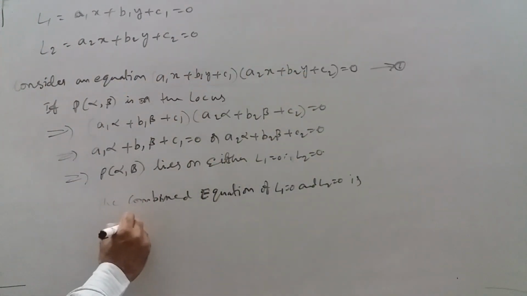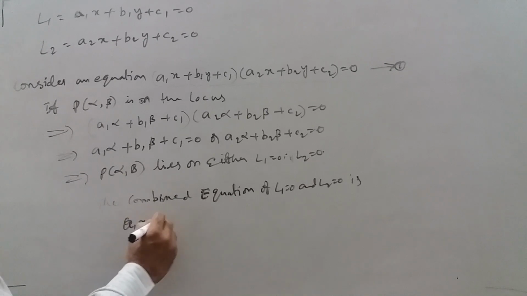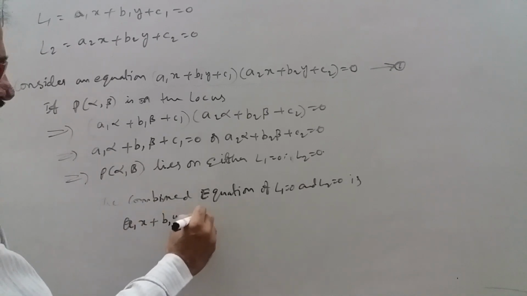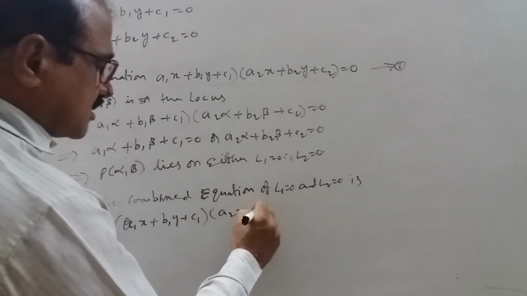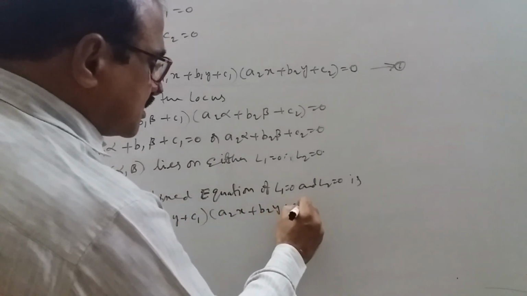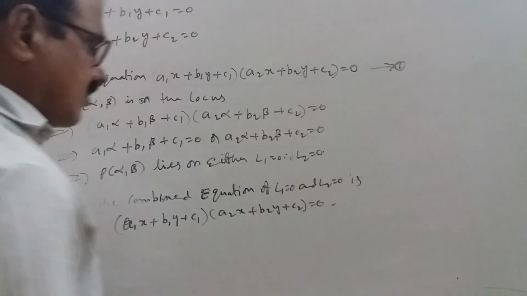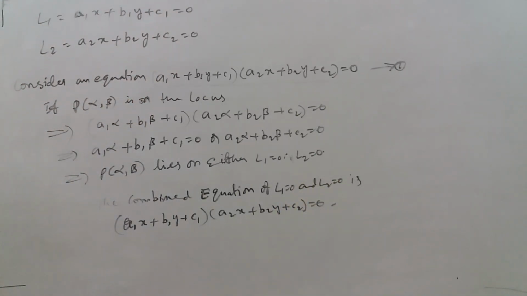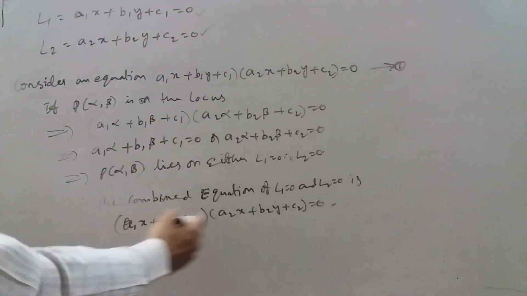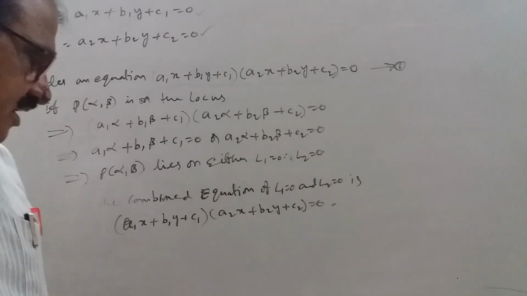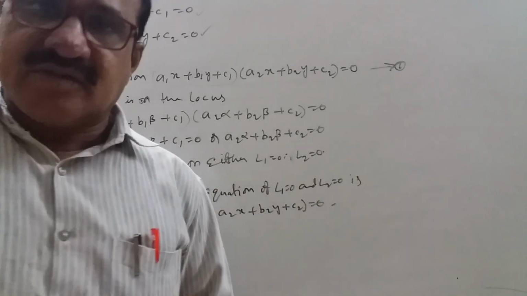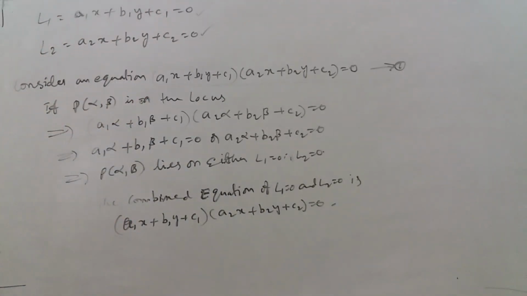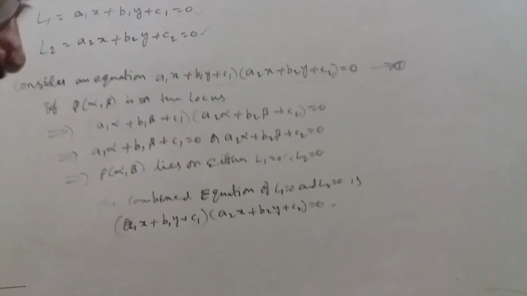That means a1x plus b1y plus c1 into a2x plus b2y plus c2 is equal to 0. So the combined equation of L1 is equal to 0 and L2 is equal to 0 is a1x plus b1y plus c1 into a2x plus b2y plus c2 is equal to 0. It is a second degree equation. Similarly, take an example.